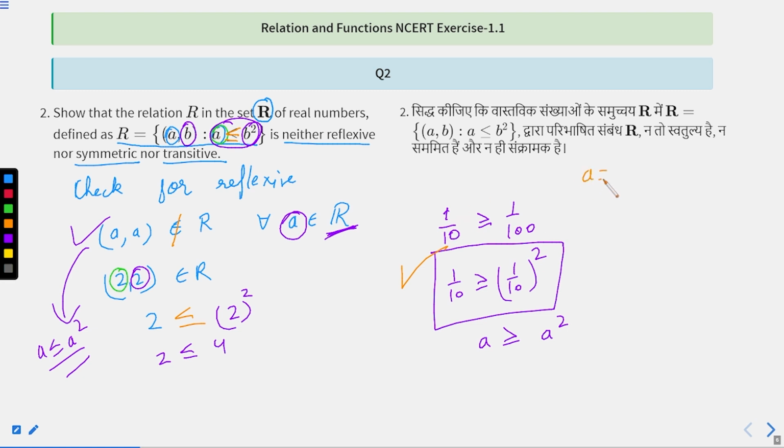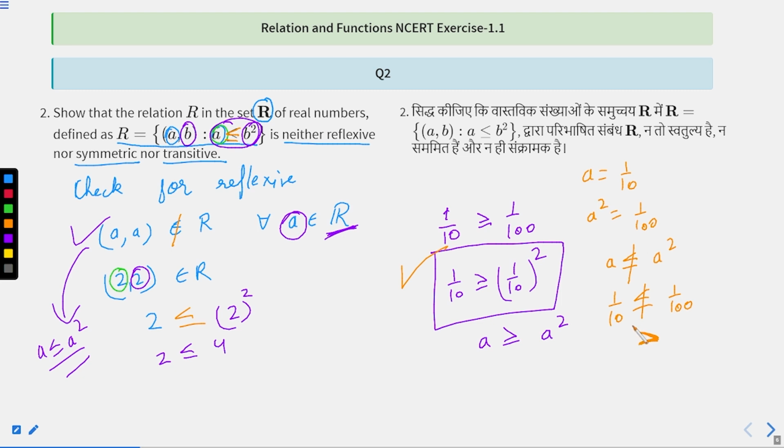If you take a as 1/10, a squared gets 1/100, and we all know that a is not less than or equal to a squared here. As you can see, a is 1/10 and a squared is 1/100, so it is not less than or equal to; the symbol will be greater than.